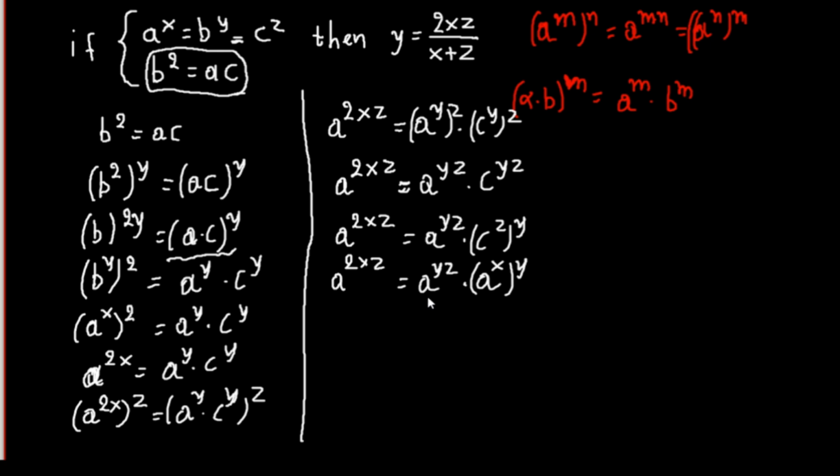So from here, we write this again, it's not changing. Now we have the same base, different exponents, so we're going to use this property: a raised to the m power times a raised to the n power equals a raised to the m plus n power.